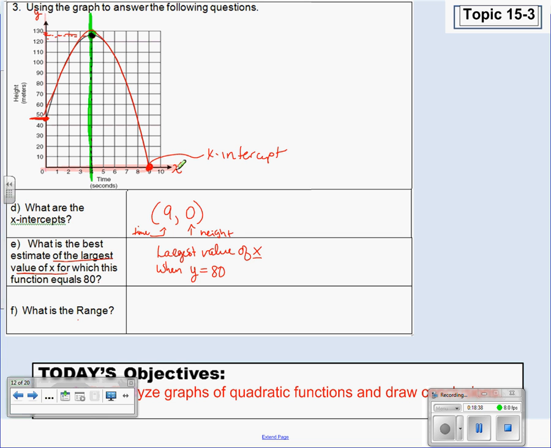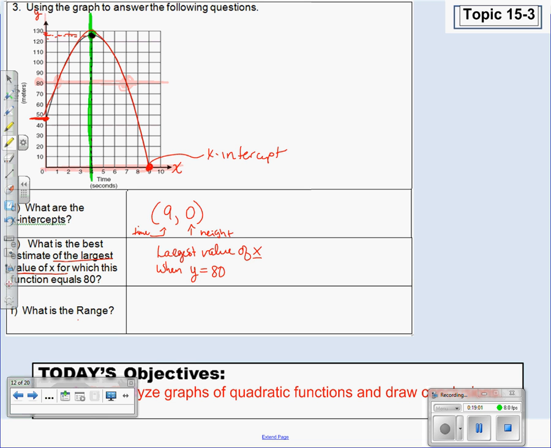So let's look back on our y-axis and find 80. And then I'm going to go across until I find where it hits the function. Well, here's one spot, but if I keep going, I will see it hits the function at another spot. So there's 2 spots in which the y value can be 80. So now I need to figure out what's the x value.